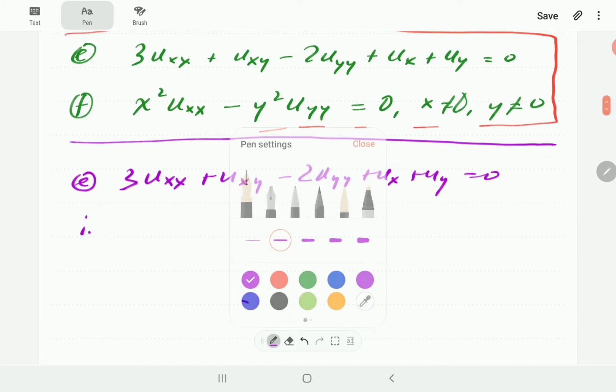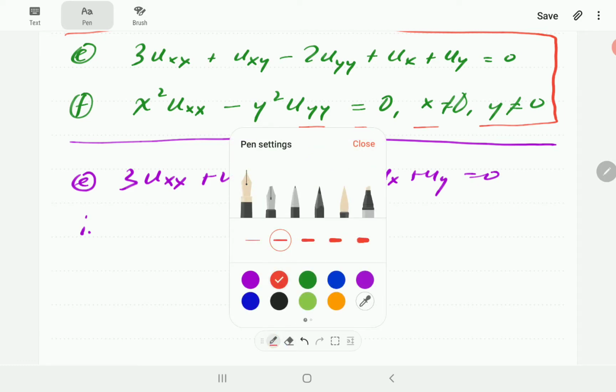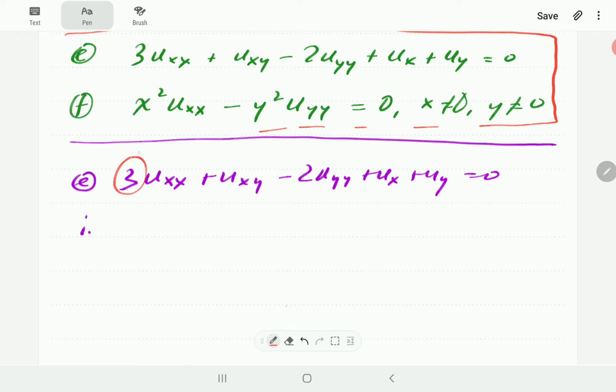So in terms of the classification, we're going to work out the discriminant. This is our A, B is 1, and this is our C. So that means the discriminant is going to be B squared minus 4 times 3 times negative 2.